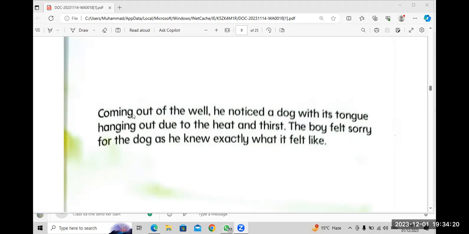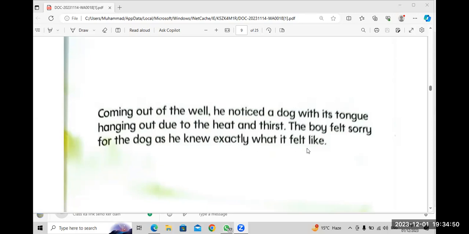Coming out of the well, he noticed a dog with its tongue hanging out due to the heat and thirst. The boy felt sorry for the dog as he knew exactly what it felt like.